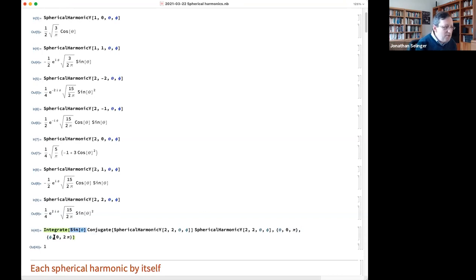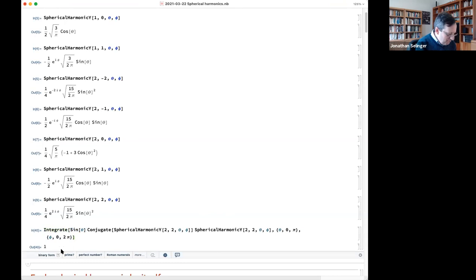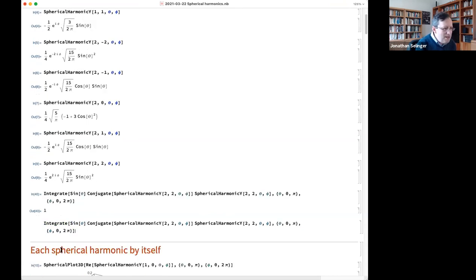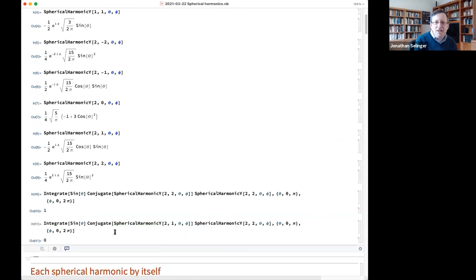And what if it were not the same spherical harmonic times itself, right? What if we were doing the spherical harmonic 2, 1 times spherical harmonic 2, 2? This better be 0. Phew, okay, good. All right, so that's how these things are orthonormal.